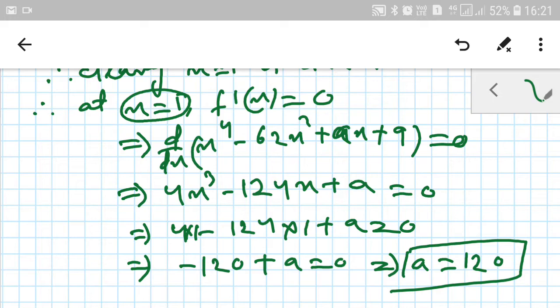Now today's last question, let me solve. This is our question number 12.